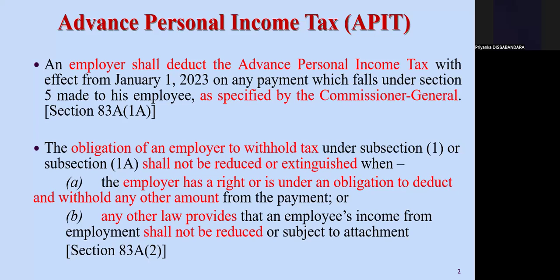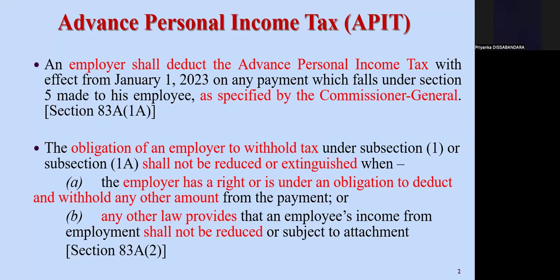This is the provision for the deduction of APIT. That is section 83, which is in the Principal Act. In that section 83, the marginal note says withholding tax on employment income.